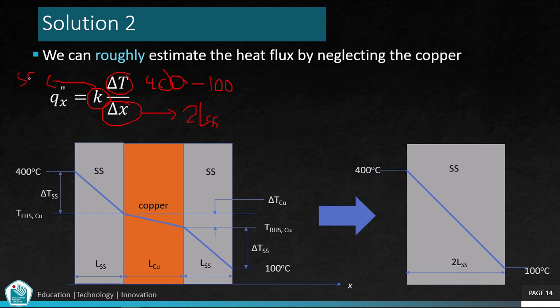Remember what is the K? Yes, the K of the stainless steel is 17. So the rough value of the estimation is 1275 kilowatt per square meter.